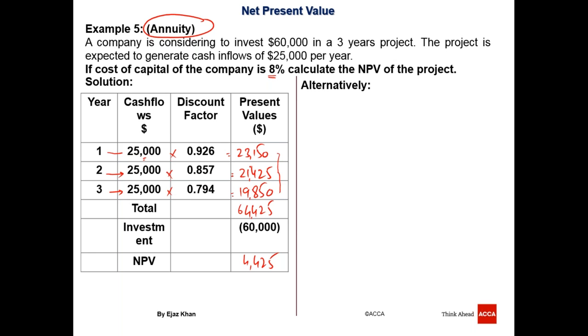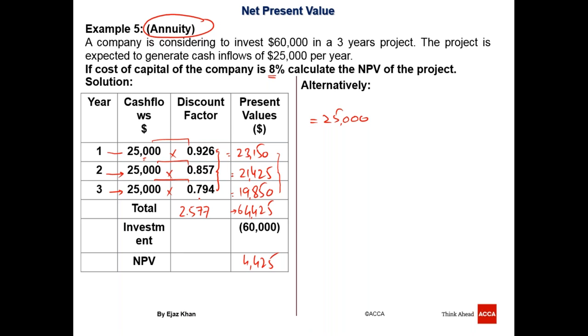Now, if you look at this value, this has been calculated by taking the sum of the products of these values. Now, if I take 25,000 as a common value, and I sum all these three discount factors, may I have the sum of these three discount factors? $2.577.